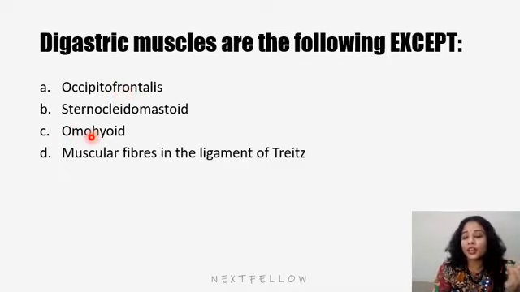Omohyoid has a superior belly and an inferior belly. And the ligament of Treitz, which is present in the abdomen, also has two bellies. So the answer here is sternocleidomastoid. It just gets origin from the sternum and clavicle and inserts into the mastoid. It does not have two bellies, so it is not a digastric muscle.